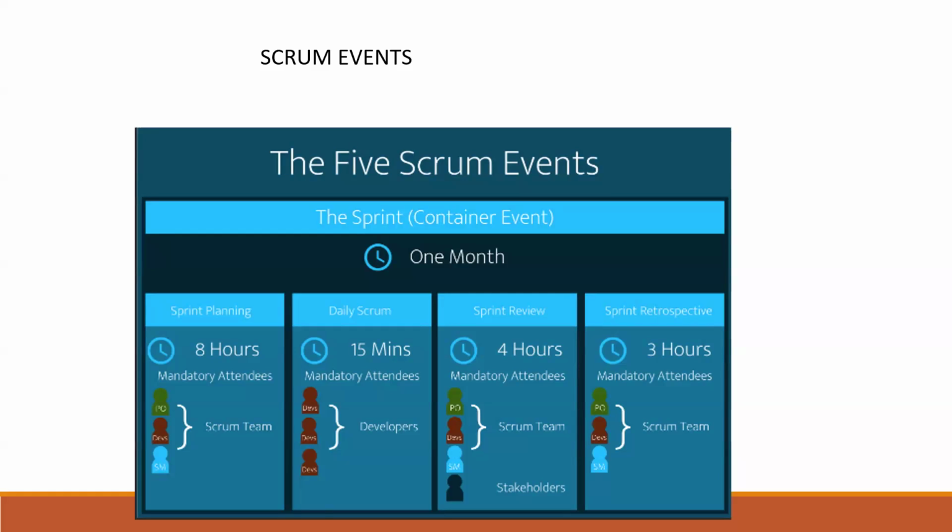So this is for 4 hours, and as a scrum master, you will make sure that you involve the stakeholders, the product owner, and all the developers, and that they are showcasing the working software. It is not that you are merely showing a PowerPoint presentation, or a document or pictures.